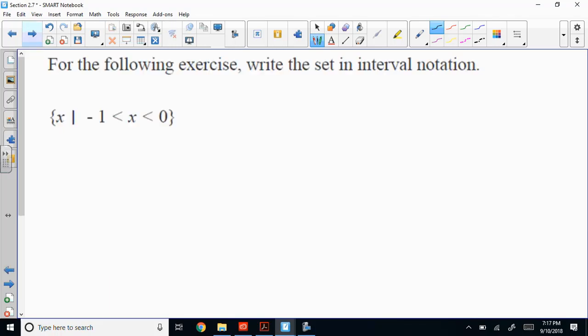Sweet. All right. Write the set in interval notation. So it's set notation and interval notation. I put this one on here because I wanted you to know how to write this. This is in set notation. It says for all x's such that it's between -1 and 0, right?